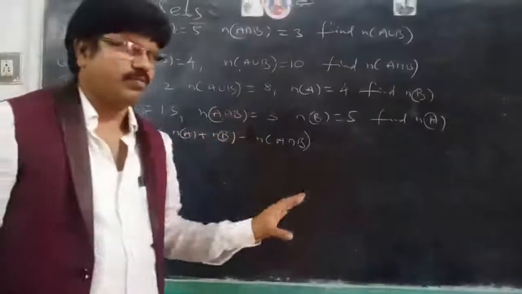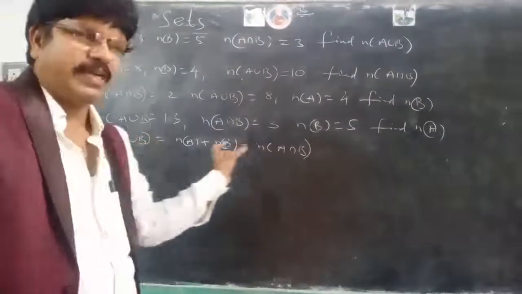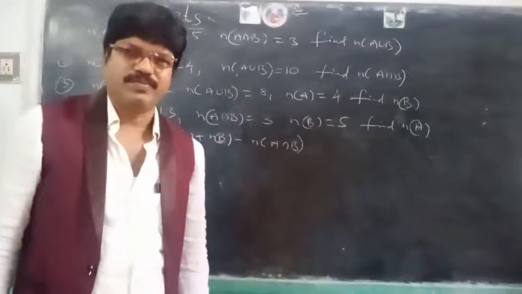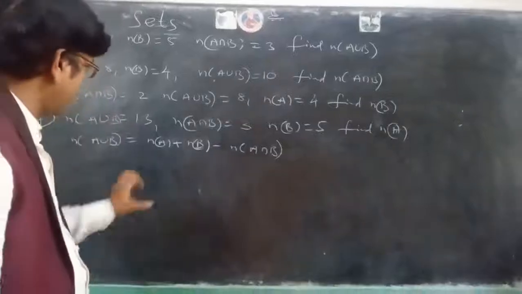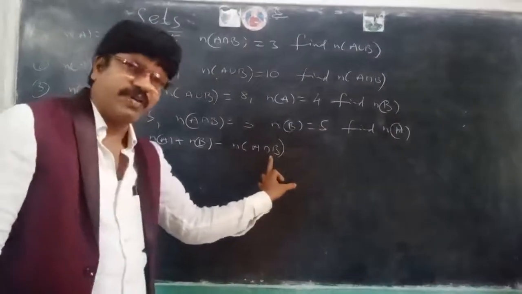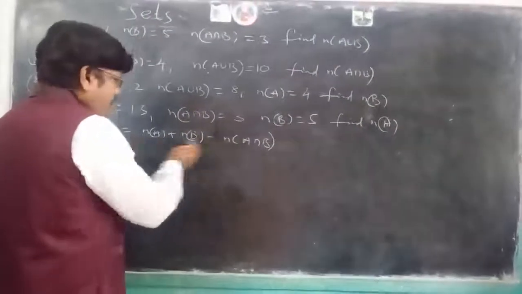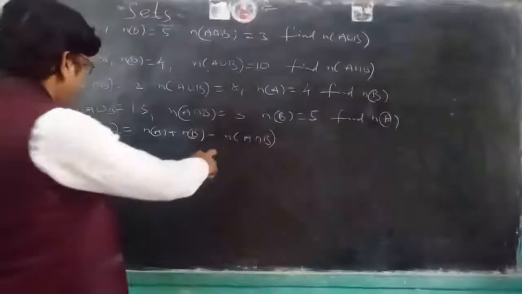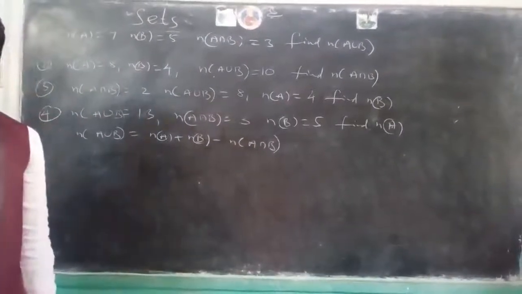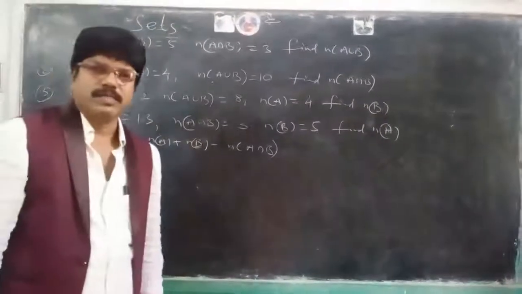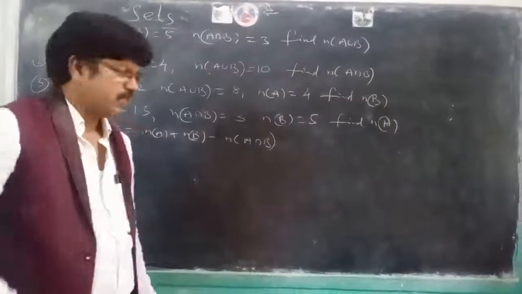Among these, if you have 3 values, we'll find out the other value, the 4th one. If we have any 3 values, we find out this one. That's the concept here. So don't miss the concept.